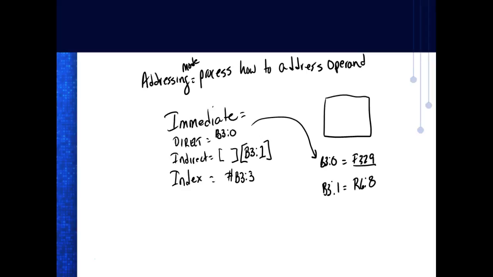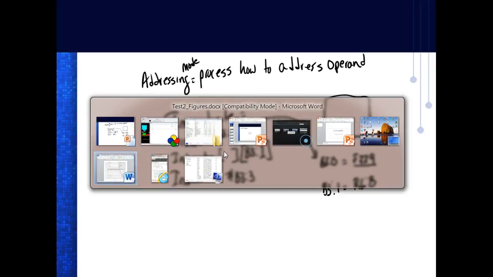Well, this is not the offset. This indicates we're going to use B3 starting at word 3 as our index register. The offset is actually, I think I gave y'all some examples. I need to make sure we're using the same examples here.